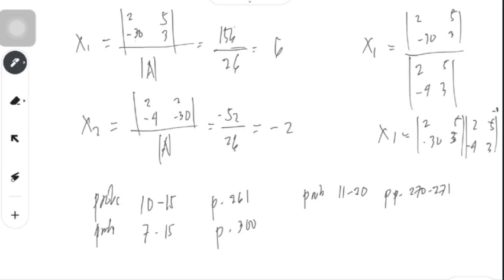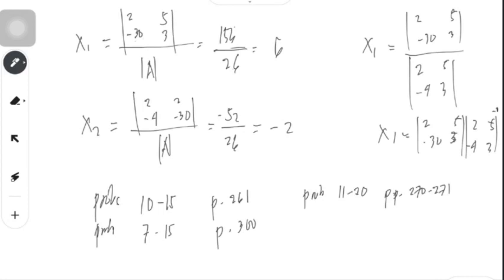Then you have to solve problems 10 to 15, page 261, problem 7 to 15, page 300. Then, problems 11 to 20, pages 270, 271.